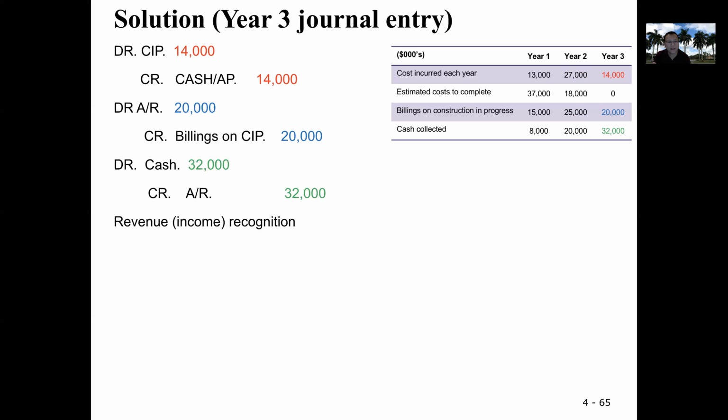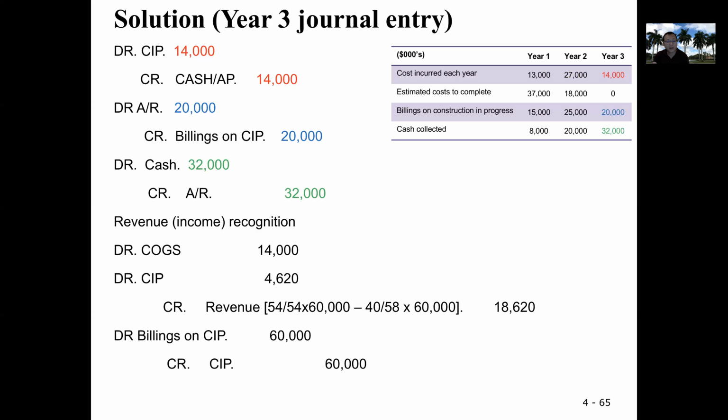So you debit cost of goods sold equals actual cost 14,000. So then you credit your revenue. So year 3 is the last year. So by this time, the percentage of completion is 100%. And previously the percentage of completion is 40/58.